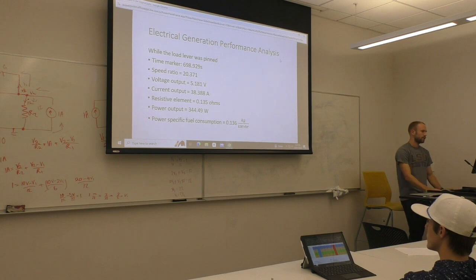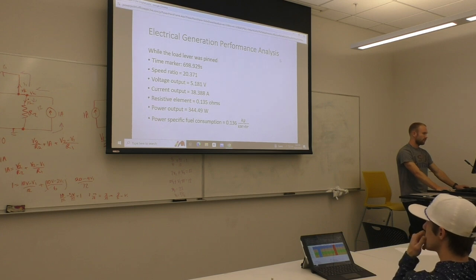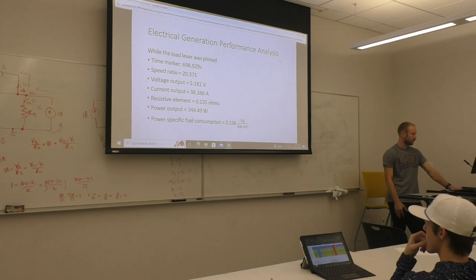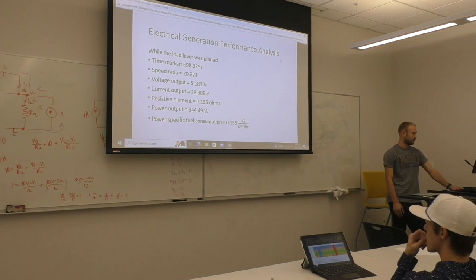For the electrical generation performance analysis, we took measurements while the load lever was pinned, which was at 698.9 seconds. The speed ratio was calculated through the RPM of the first and second turbines, and was calculated to be 20.3.